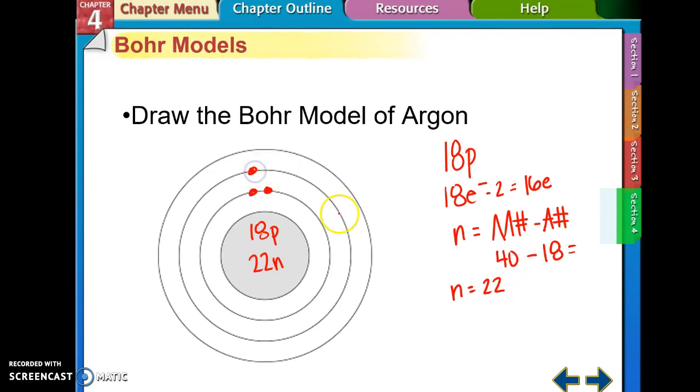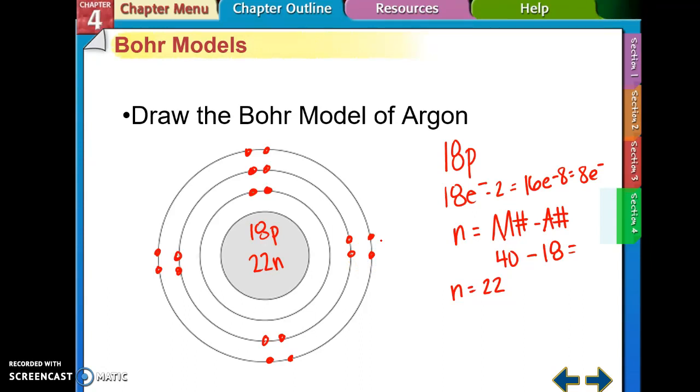So 1, 2, 3, 4, 5, 6, 7, 8. And then I've got 8 electrons left. My third ring can hold up to 10. So 1, 2, 3, 4, 5, 6, 7, 8. And that is how you draw the Bohr model of argon.